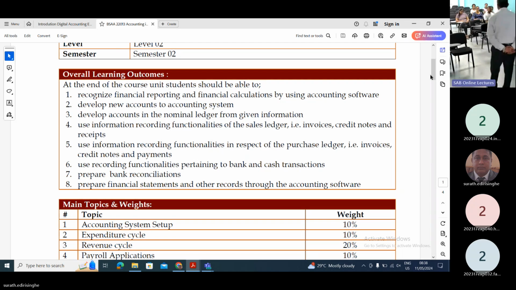If we maintain one single ledger, like the general ledger, for recording all the customers, all the suppliers, all the inventory items, it will be more complex, more complicated.